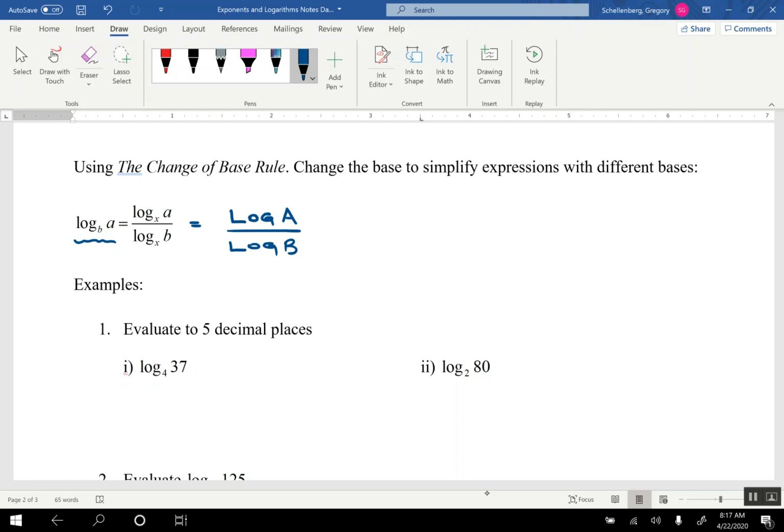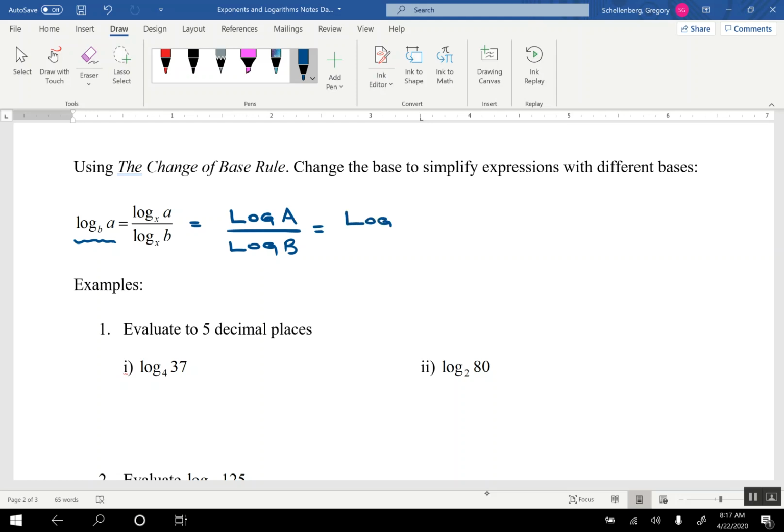Okay, and then going one step further, we could rewrite this expression with any base, so long as the base is the same for both top and bottom of our fraction, and it's still going to be equal. So this is one of our helpful rules from above.